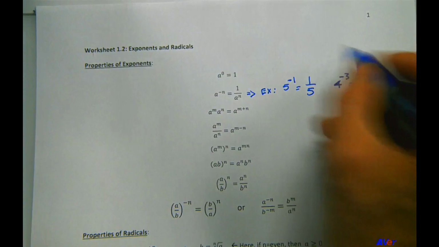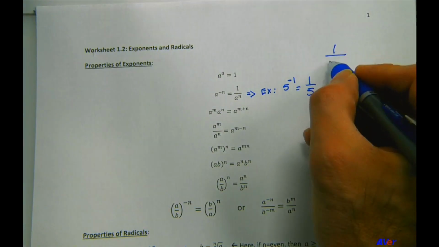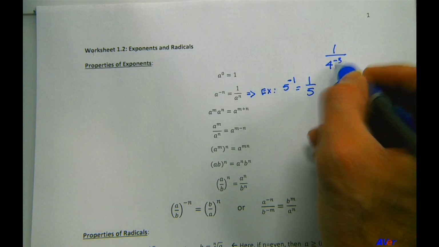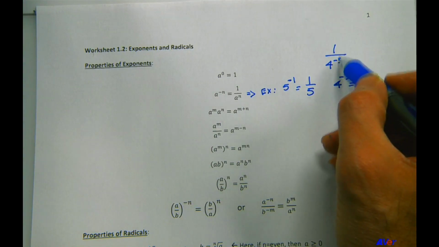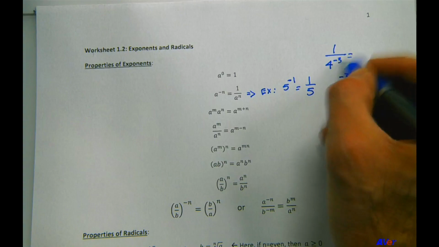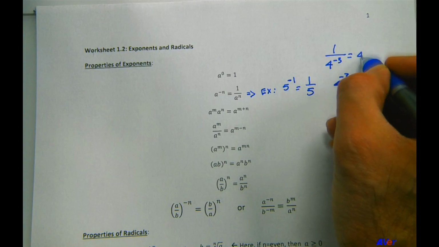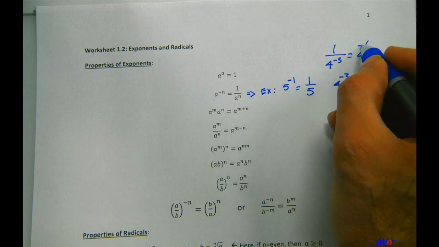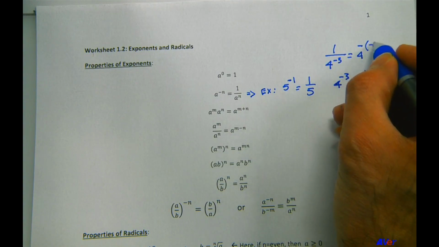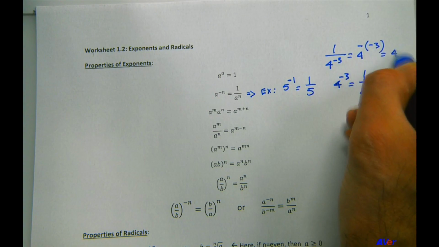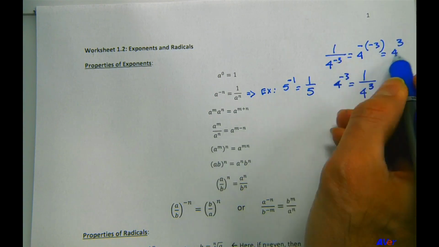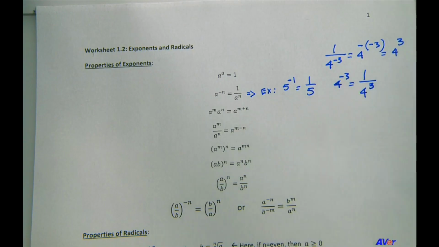Or if you have something like 1 over 4 to the negative 3 power, if the negative power is in the denominator, you can bring it up and make it positive. So when you bring it to the numerator, it gets multiplied by a negative 1. So minus 3 becomes 3, or 4 cubed. So 1 over 4 to the negative 3 power is equal to 4 cubed.